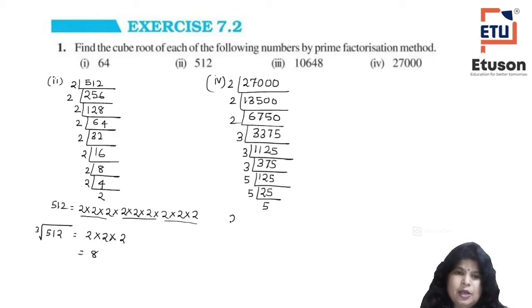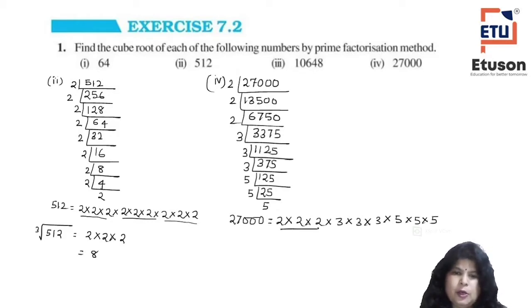Now let us write down the prime factors. So 27,000 is equal to 2 into 2 into 2 into 3 into 3 into 3 into 5 into 5 into 5. Let us form group of 3 now. So here one group, another group of 3, another group of 3. So each of factor 2, 3, 5, you have one group of 3.